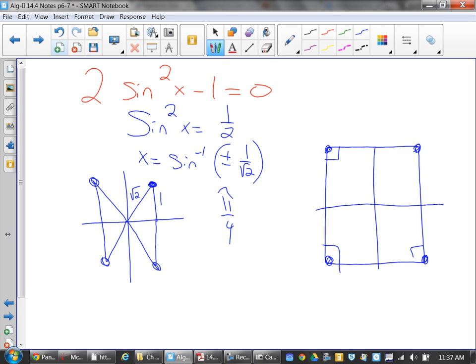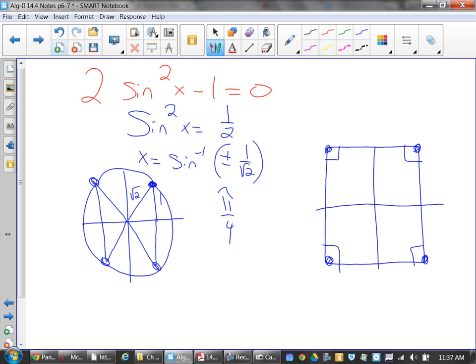Because it's 1 and 1. You get a square at these 4 values. So to get from pi over 4 to 3 pi over 4, to 5 pi over 4, to 7 pi over 4, back to pi over 4, all you're doing is adding pi over 2 each time.